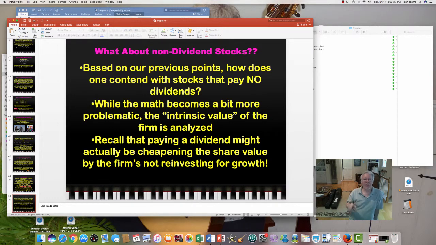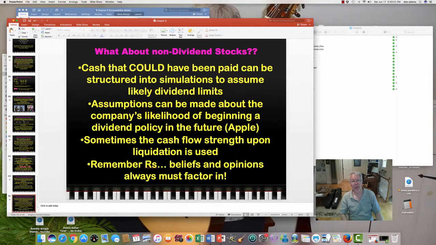Remember, paying a dividend is actually lowering the share value to a certain extent because the company, by the extent of that dividend, is not reinvesting that money in its growth. So investment experts play games with aspects like that and say things like, well, what if the cash could have been paid? Let's simulate what the dividend could be.